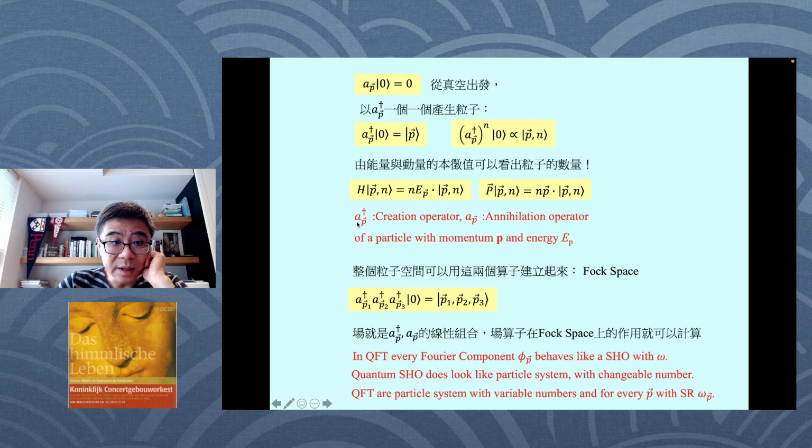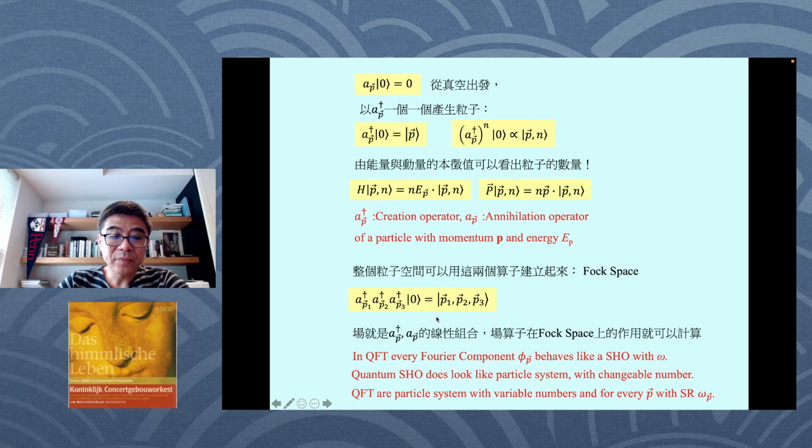So here I say A dagger is a creation operator, A the annihilation operator of a particle with momentum p and energy E p. The momentum p and energy E p satisfy the correct relation of a relativistic particle.